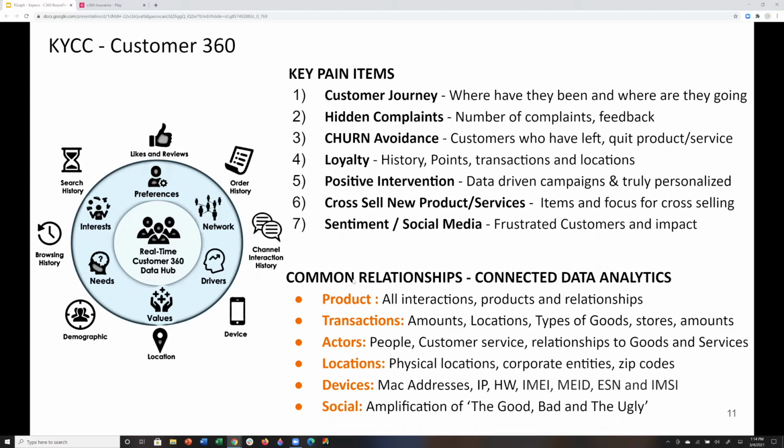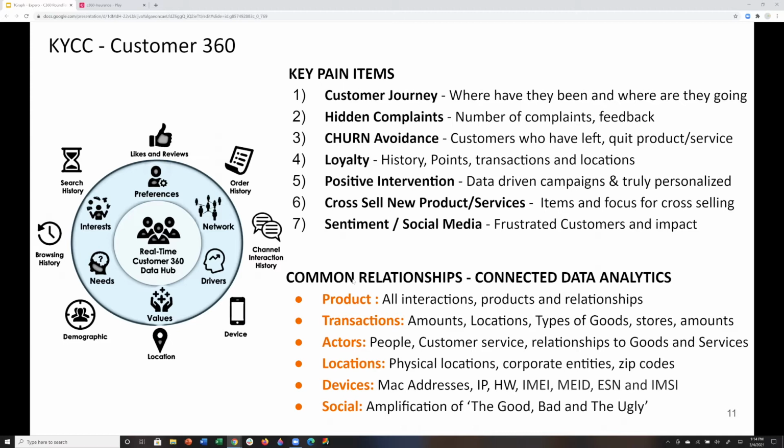We need to know not just amounts and locations or types of goods or stores, but we also need to know what are the connections, what are the paths that are the fast path to success with a customer. We need to know who are the actors, who do they come in contact with, and have we equipped call centers with all the resources they need to have a successful discussion with the customer.